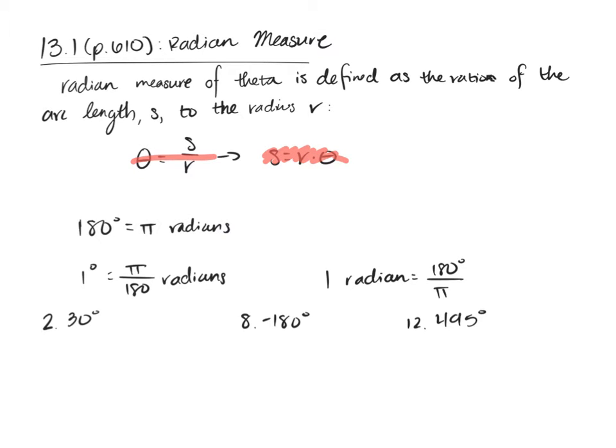Those are going to come in handy later on at the end of the first lesson. Another key thing to note is that 180 degrees is equal to pi radians.